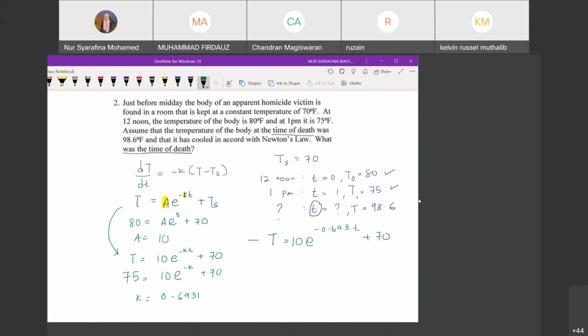This is the particular solution of this problem.